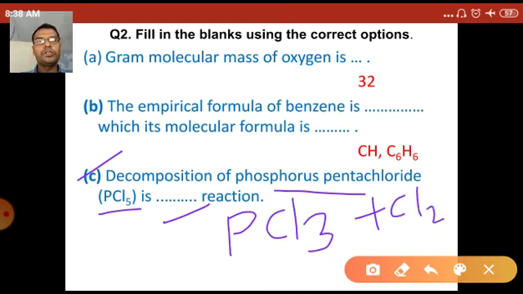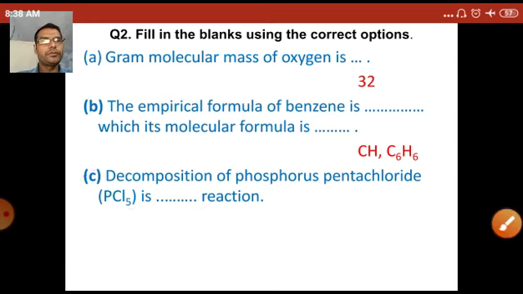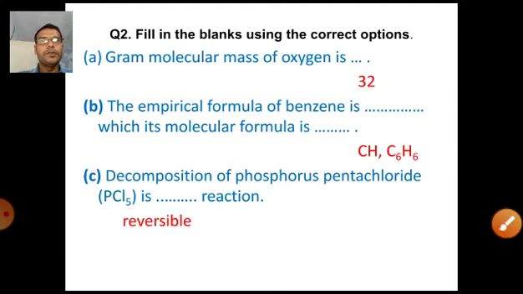But this reaction is a type of reversible reaction. When we cool down the temperature, the PCl3 and Cl2 again combine to form PCl5. So the decomposition of phosphorus pentachloride is a reversible reaction. So the answer is reversible.